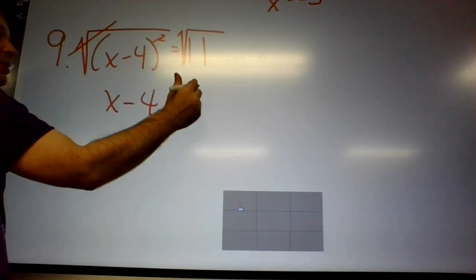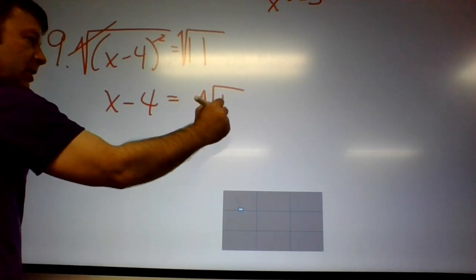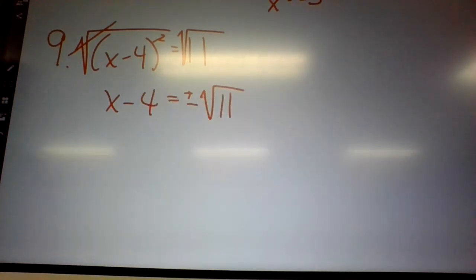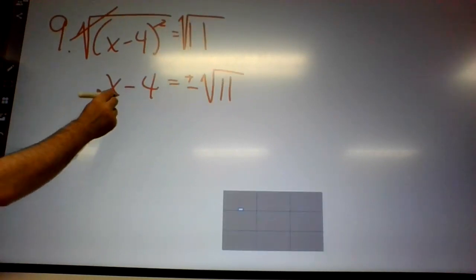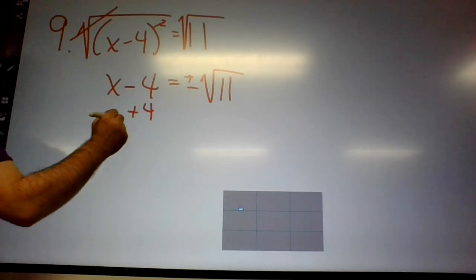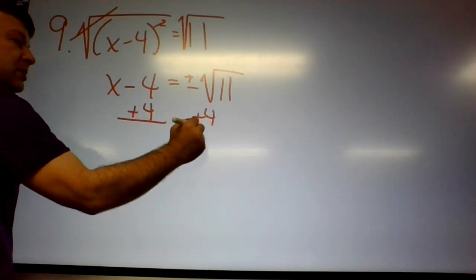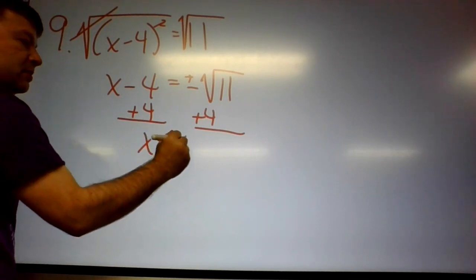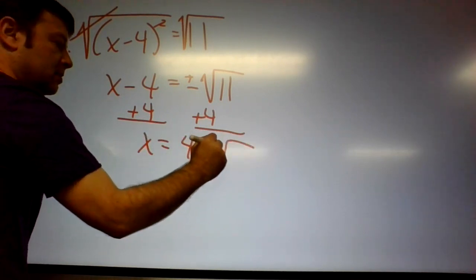Square root of 11, plus or minus square root of 11. And then add 4. To solve for x, we have to get rid of this minus 4, so plus 4. Do these mix? No. So it'd be x equals 4 plus or minus the square root of 11.